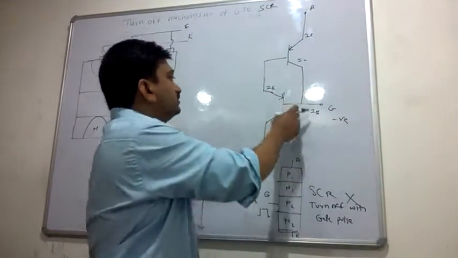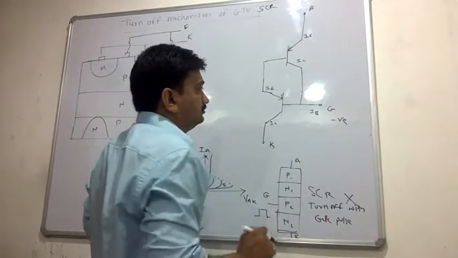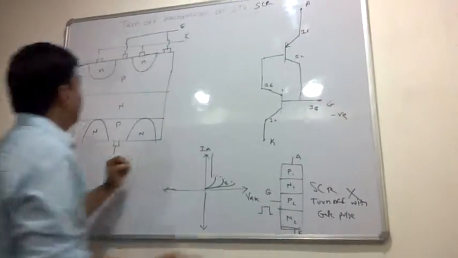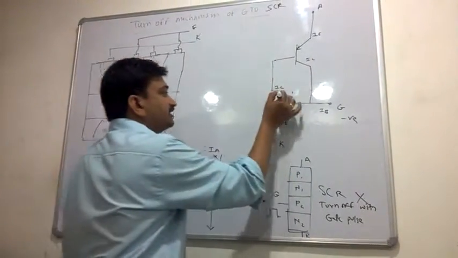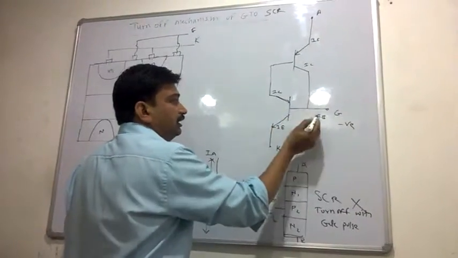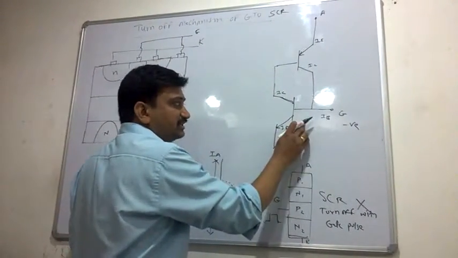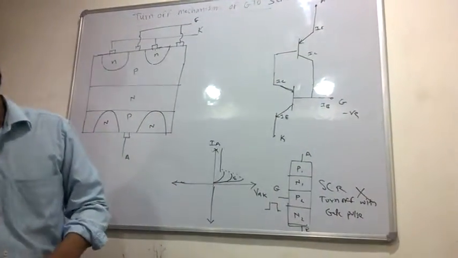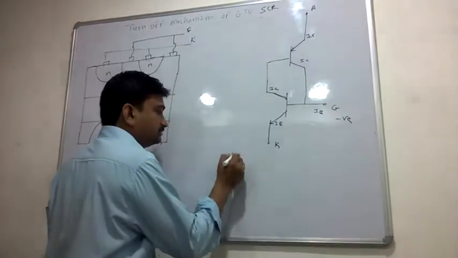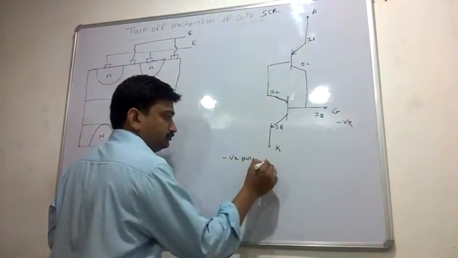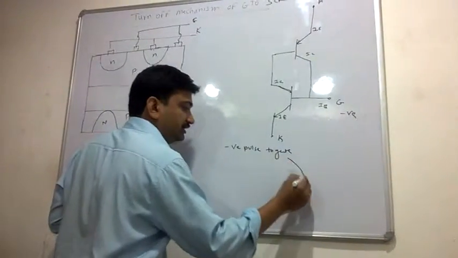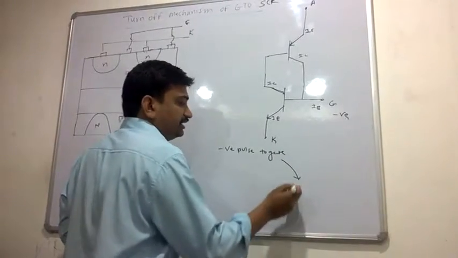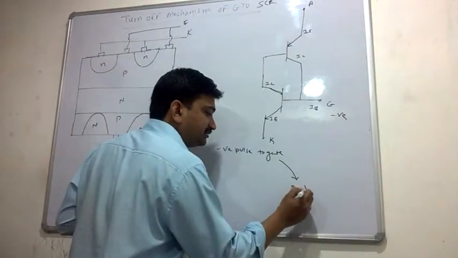This is the collector. As the IB, or the base current, reduces, the collector current also reduces. So when we provide a negative pulse to the gate, it reduces the base current.